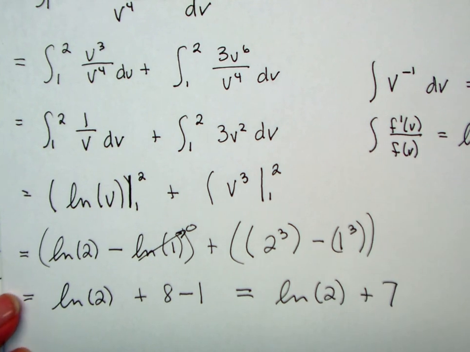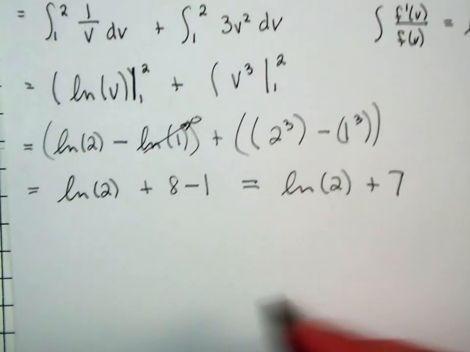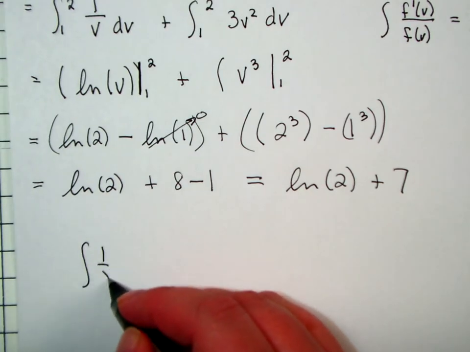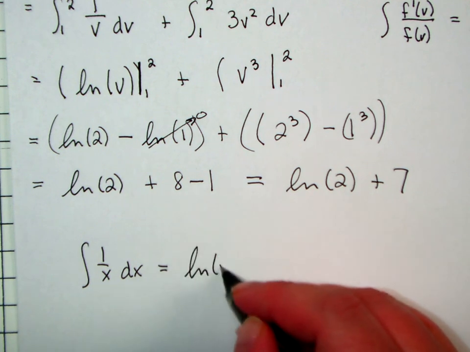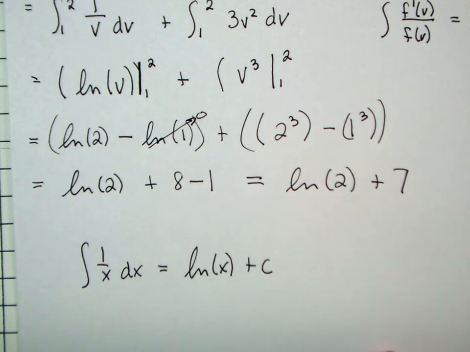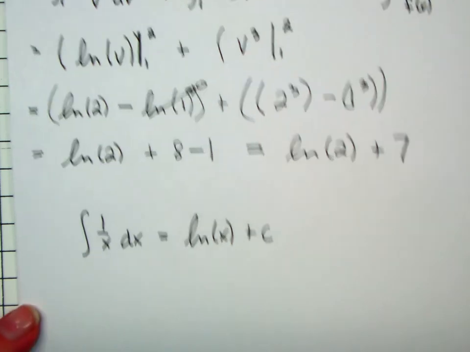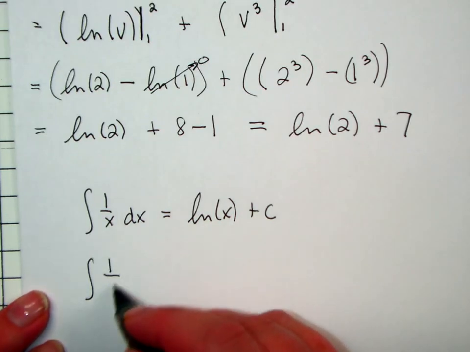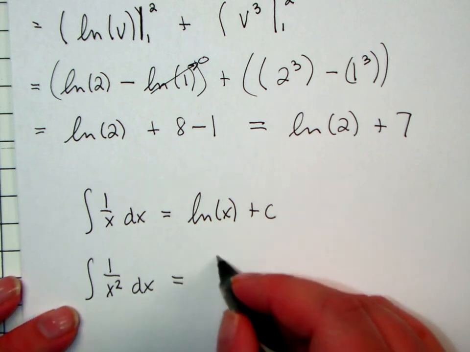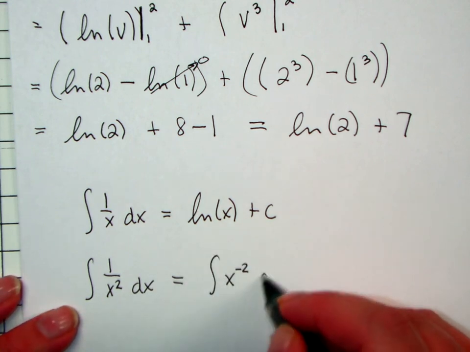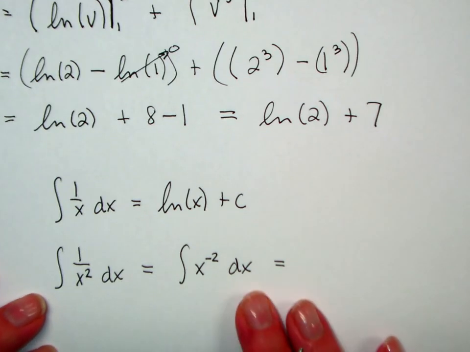Right? So really, really big concept here. If you have the integral of 1 over x dx, you're going to get ln of x plus c. All right? Because x to the negative 1 power doesn't work. But if you had the integral of 1 over x squared dx, you can write that as x to the negative 2 and take the antiderivative using the power rule.